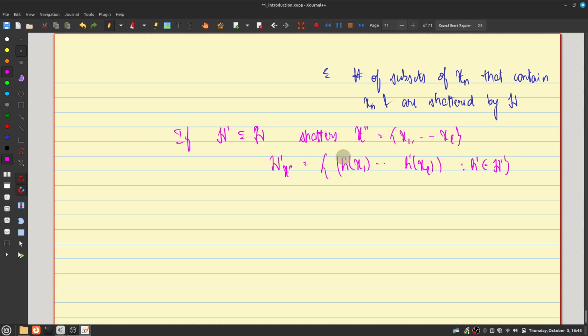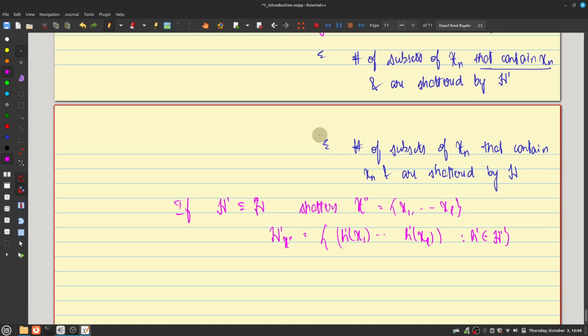Right? So if this h prime belongs to H prime, then h also belongs to H, correct? So every vector that can be generated using H prime can also be generated by H. So if H prime shatters this X double prime, then H should also shatter X double prime.